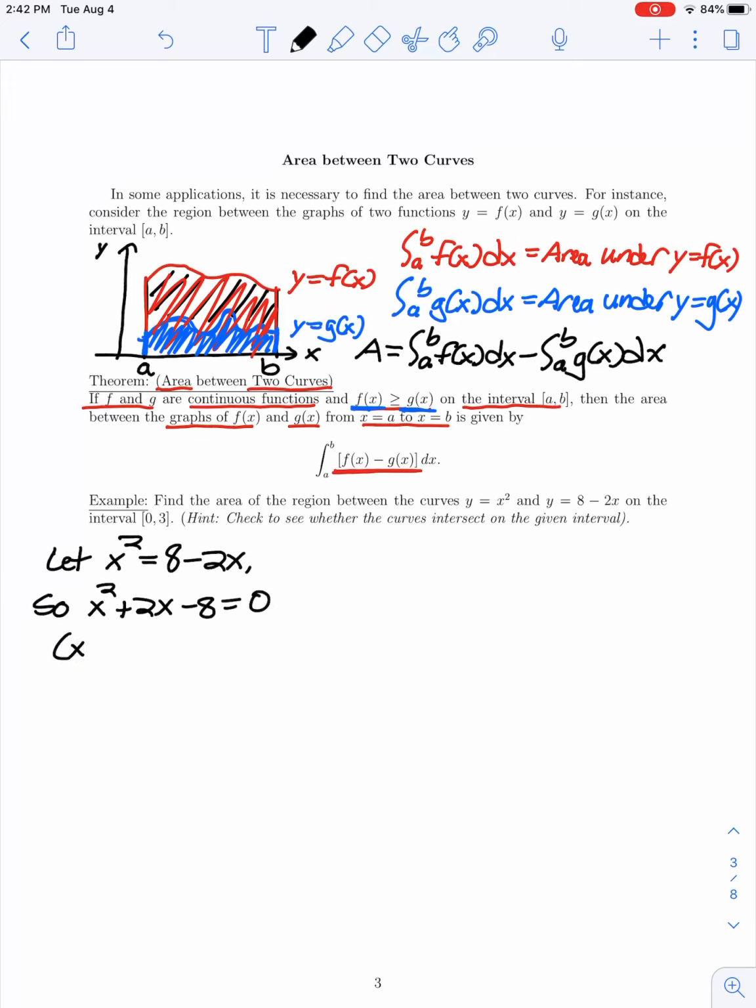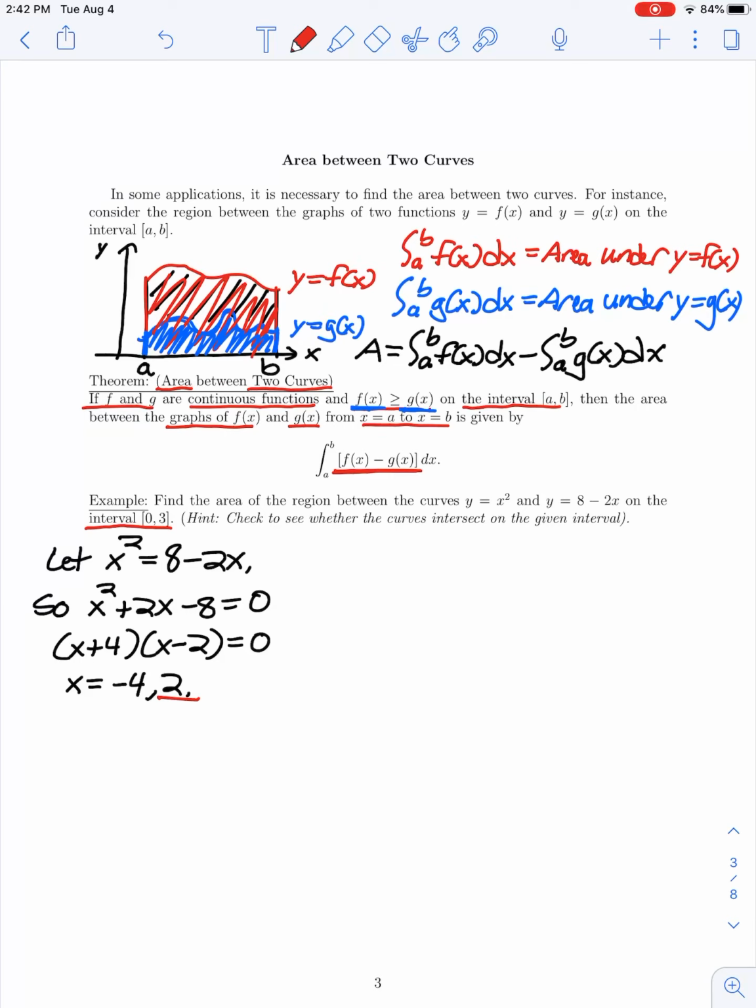This can be factored as x plus 4 times x minus 2 is 0. So our values for x are negative 4 or positive 2. One of the points of intersection, namely when x is 2, lies within our interval of interest from 0 to 3.